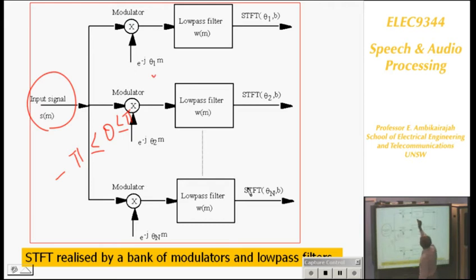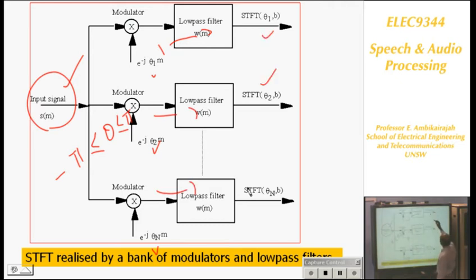So the first theta here is the first frequency we're going to find, then the second frequency and the nth frequency. That means we are trying to see whether these frequencies are available in the input signal. So what we do is select these frequencies as a carrier frequency and multiply them with the input signal. After that, you pass the multiplied signal through a low-pass filter, the same low-pass filter, and you get the output.